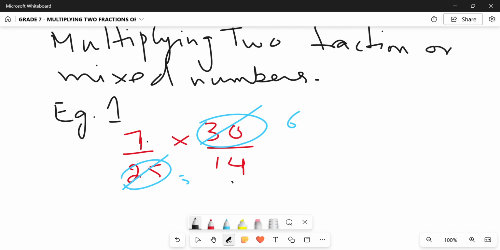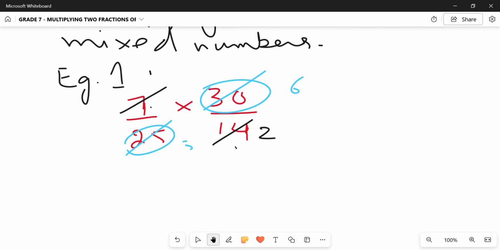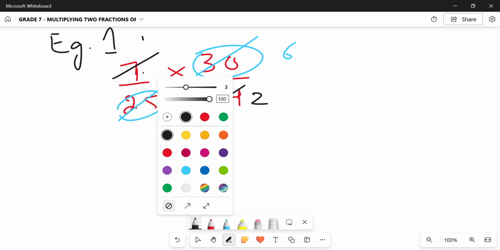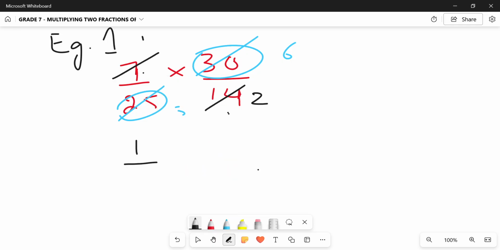So I'm taking 7 and 14. 7 ones are 7, 7 twos are 14. If we take 6 and 14, in the end, the answer will remain the same. Okay. So here, we are left with the first fraction 1 over 5 times 6 over 2.